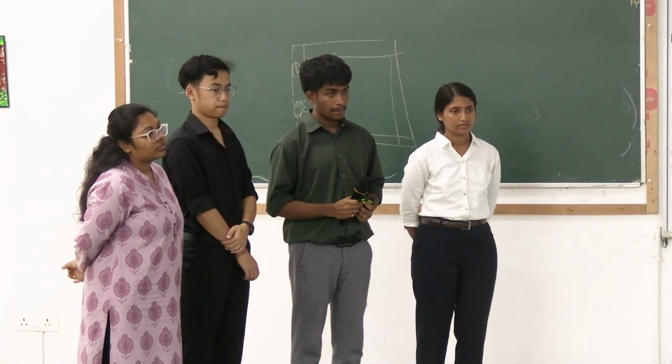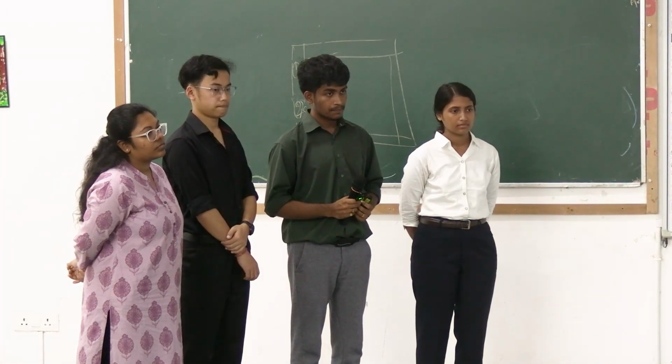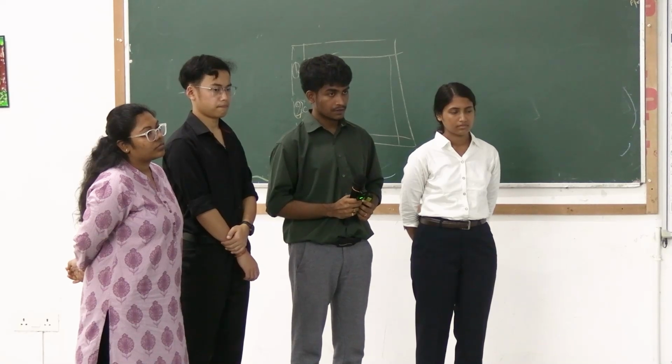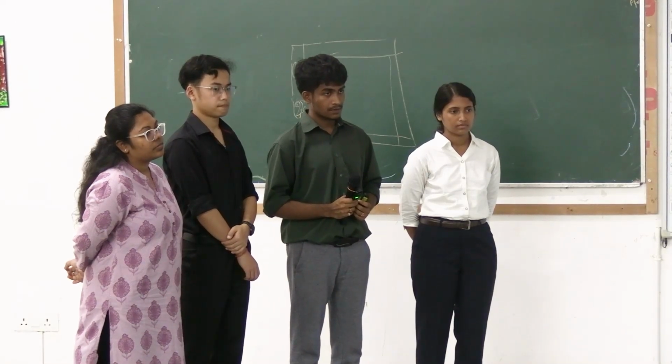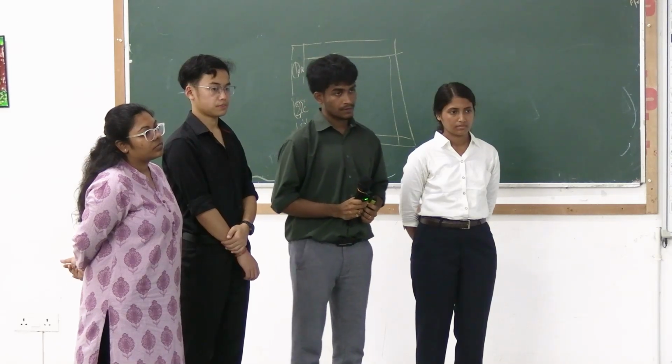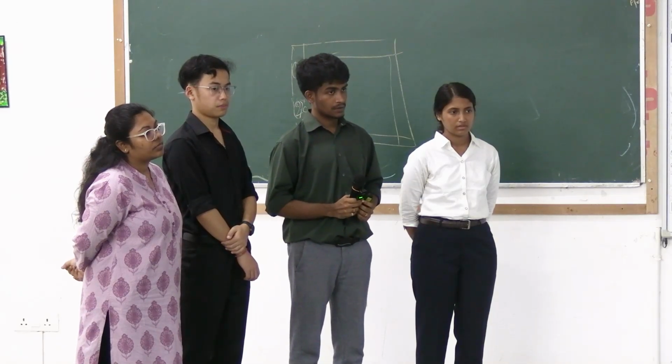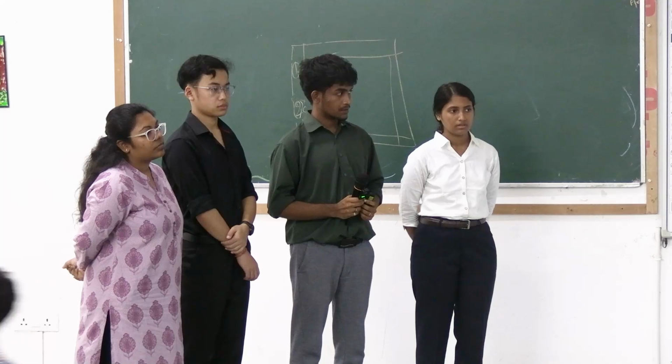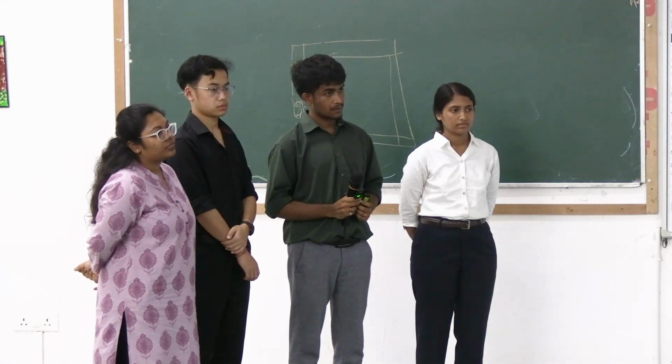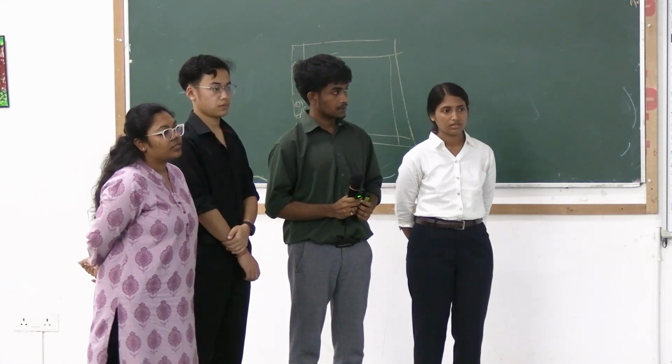We have two amino acids: one is phenylalanine and the other is tyrosine. Can you tell me which one is essential? Which amino acid is essential, phenylalanine or tyrosine?